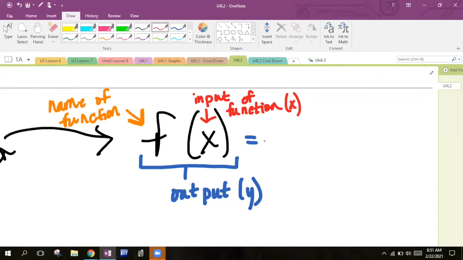Remember you read this like f of x, or g of x, or h of x.